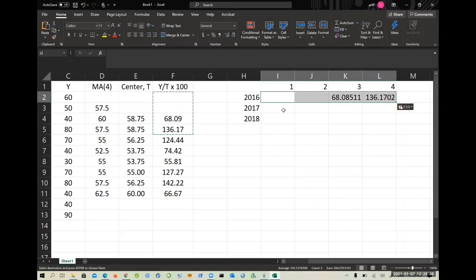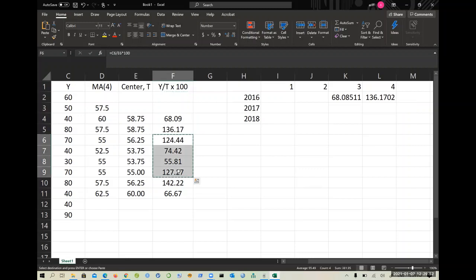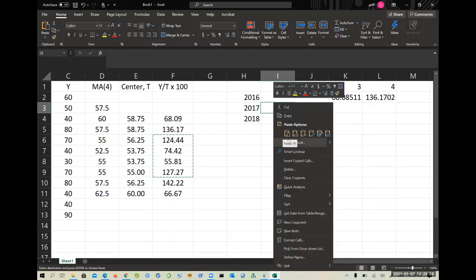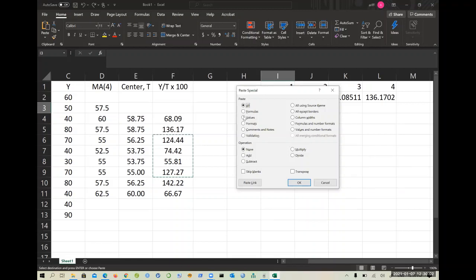Okay, similarly for this one, I want these 4 values. Control C. And then put it here. So this one, paste special, values, and transpose.